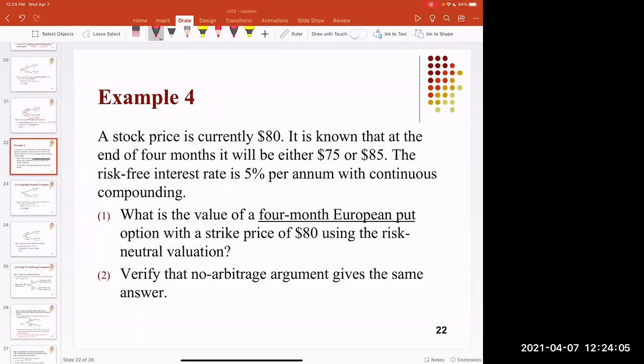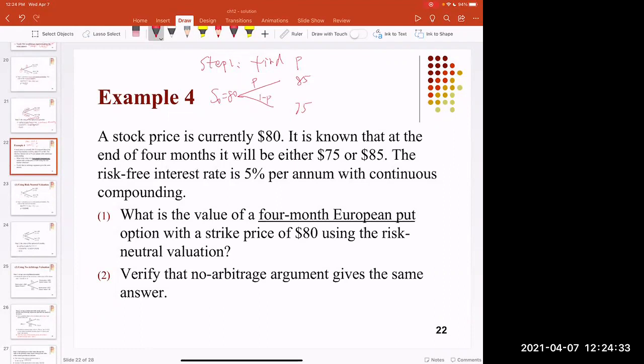A stock price is currently 80. Okay, so step 1, you need to find the p, right? Which is the risk neutral probability. Based on the stock price today is 80, and the stock price goes up to 85 or down to 75, we are looking for the probability p and 1 minus p, right? So we can set up an equation.